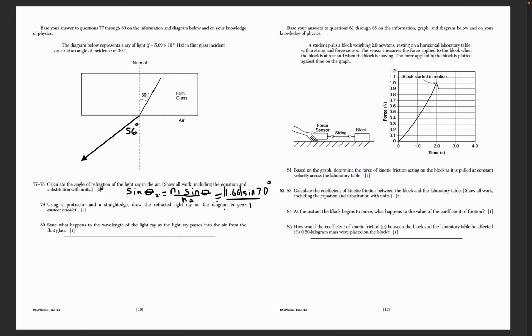Because you're trying to find the angle of refraction, solving for it, you would isolate sine of theta 2 first, and then take the inverse sine, and you'll be left with theta 2, which would equal 56 degrees.